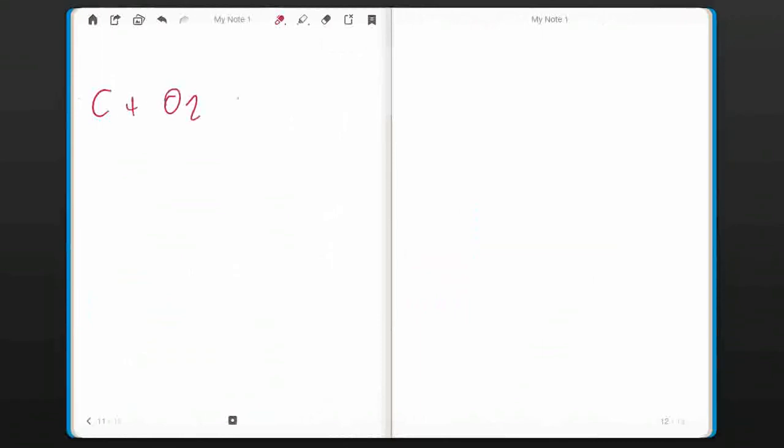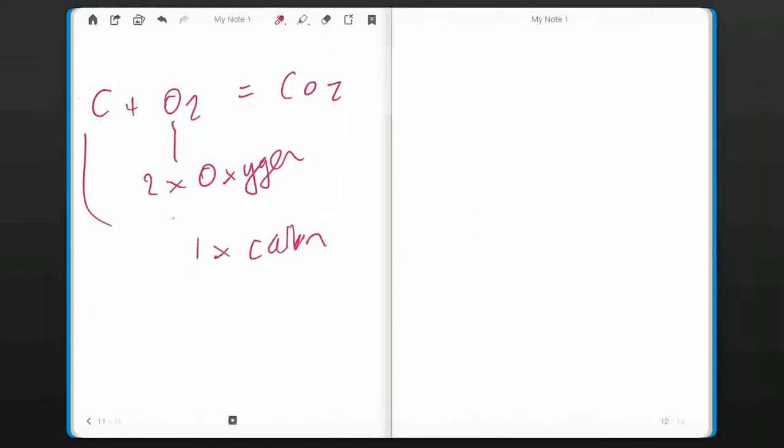Okay, so a formula is used to show what's in each thing. So we can have carbon plus O2 equals CO2. That just means there are two oxygens and 1 carbon, and the number always comes after the atom it's talking about.